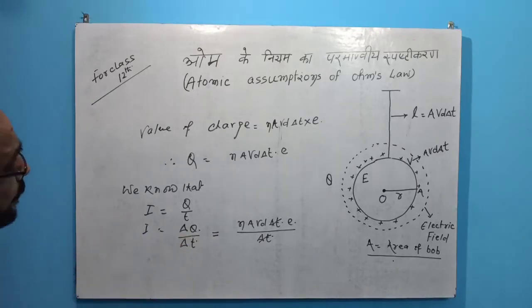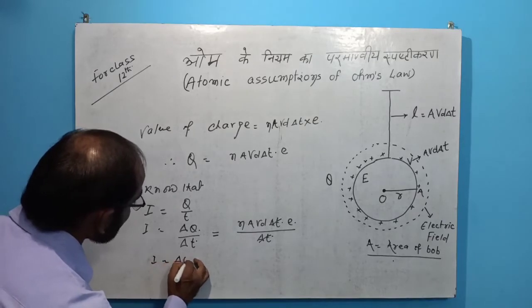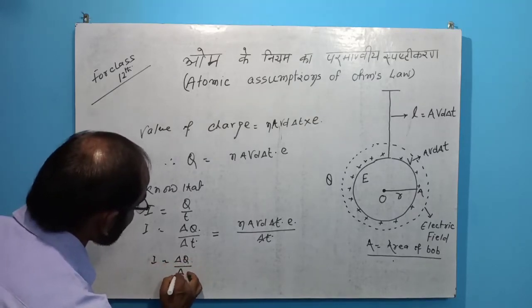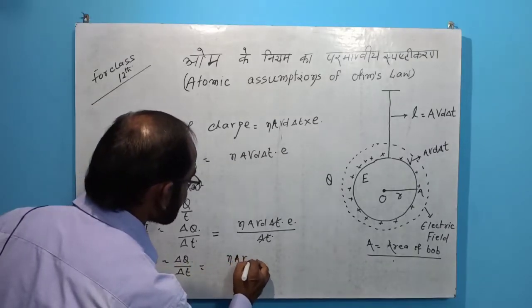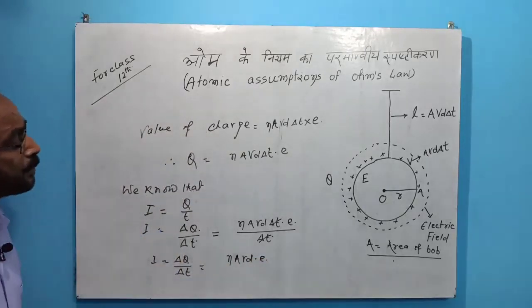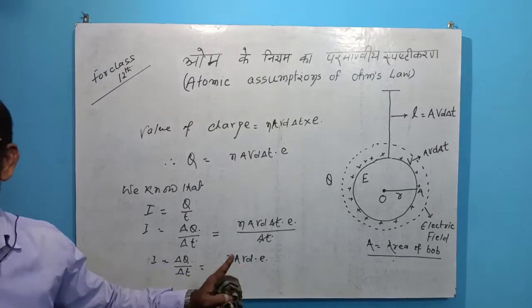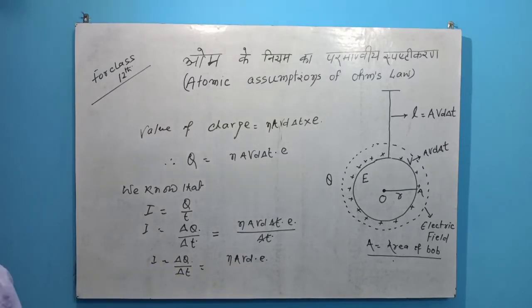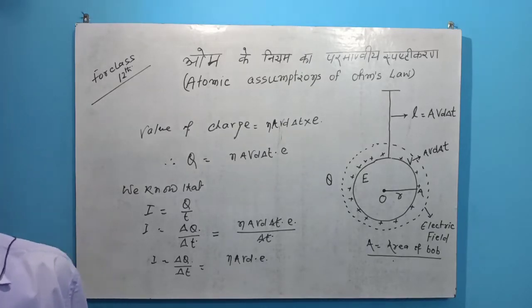Therefore, it becomes I equal to del Q upon del T is n A Vd into E. I equal to this value. It is clear that electric current in a conductor, the electrons are inversely proportional to the escape velocity.